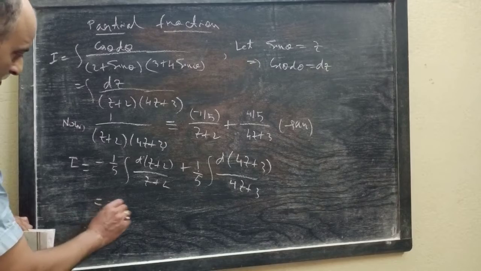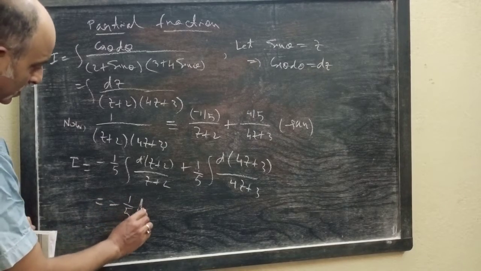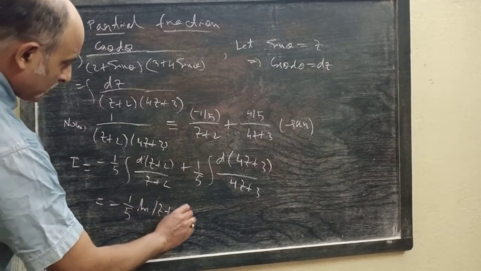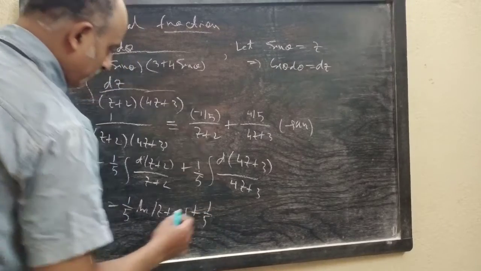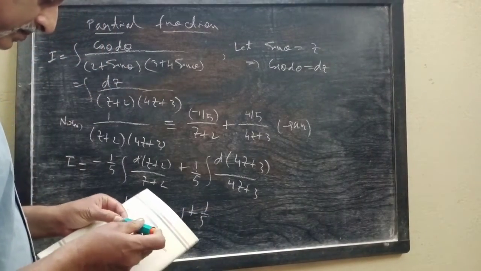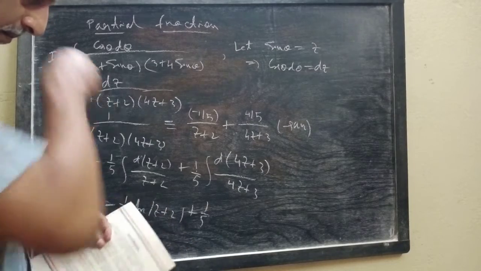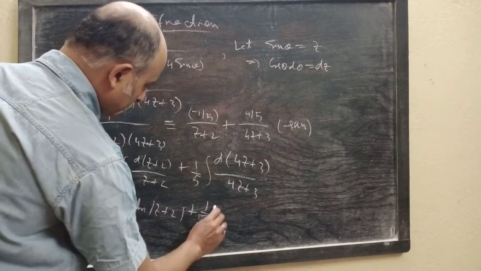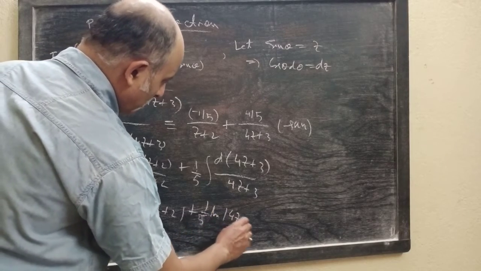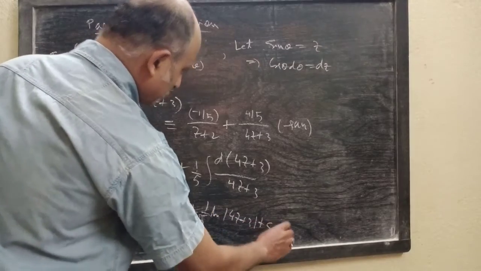Now this will be minus 1 by 5 ln of mod of z plus 2 plus 1 by 5 ln of mod of 4z plus 3 plus c.